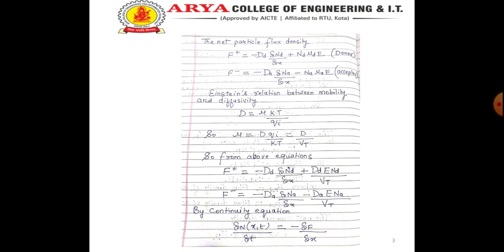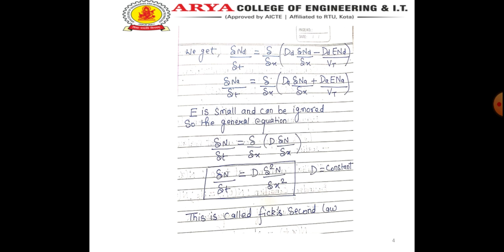By the continuity equation we have ∂n(x,t)/∂t = -∂F/∂x. So we get ∂Nd/∂t = ∂/∂x [D ∂Nd/∂x - D E Nd/Vt]. Again for acceptor ions we have the equation. E is very small and can be ignored.